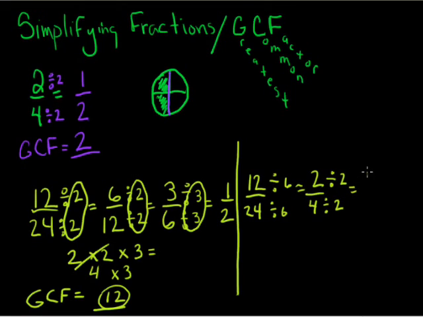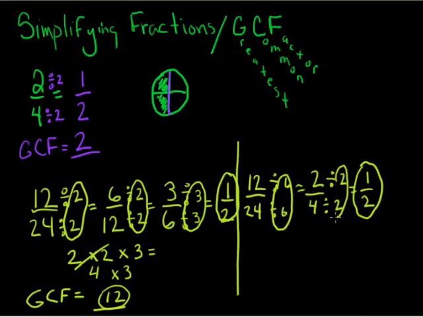2 goes into 2 once. 2 goes into 4 twice. Look at this. We have 1/2 there. We have 1/2 here. But the way we simplified looks very different in both cases. So let's see what our greatest common factor is. Well, here we divided by 6.